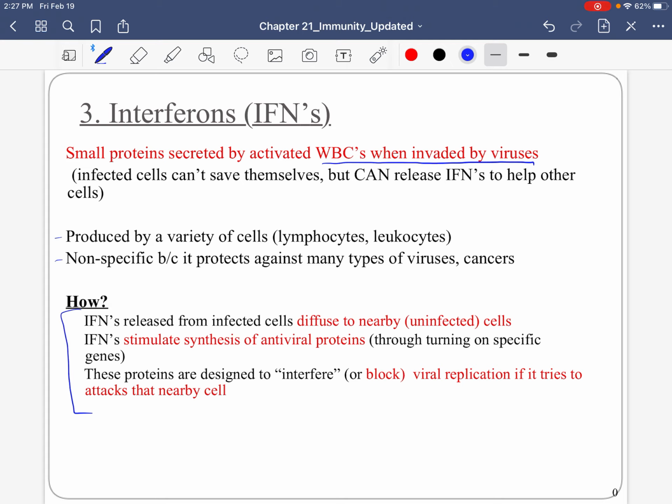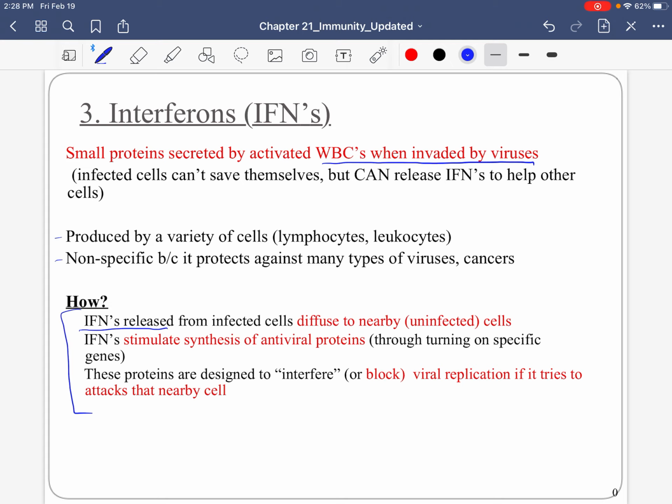So as I said before, we're going to have a white blood cell, and that white blood cell has been taken over by a virus. So that white blood cell that's been taken over by a virus is going to die. However, before it dies, that infected white blood cell will release interferons. Man, so cool.